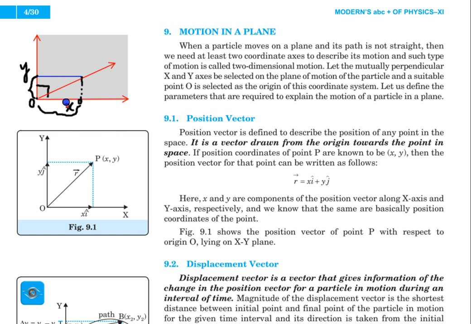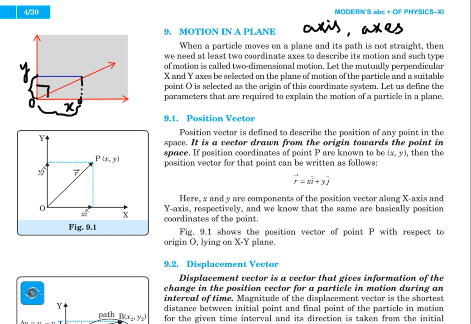So if a particle moves between the two axes, axis is the singular form and the plural form is axes. So if a particle moves along this path, then that particle will have displacement along both axes x and y, that is this distance and this distance, that is in two dimensions.